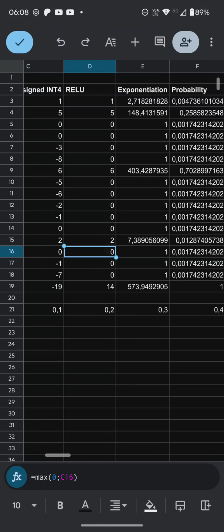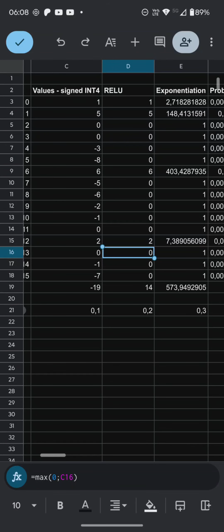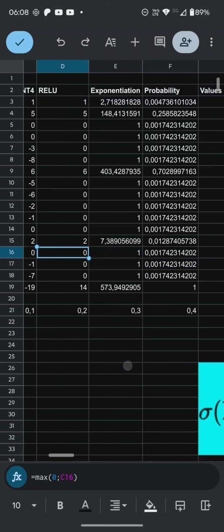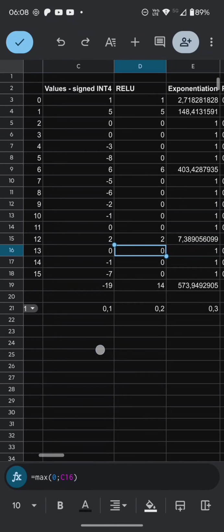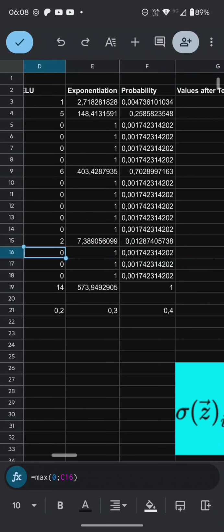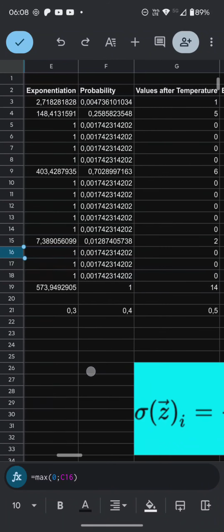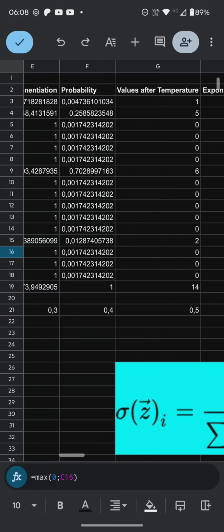That's the problem with the zeros here, because we are using ReLU and not a function that could, for example, give negative values to the negative logits, which would decrease their chances.